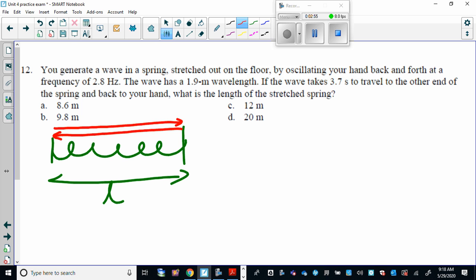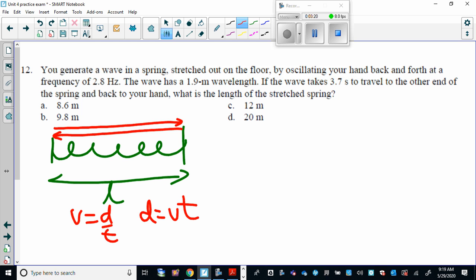So if I'm working on this question backwards, then V equals D over T, I'm looking for D. I'm looking for the distance that it travels. What is the length of the spring? The distance it traveled there and back. And then I'm gonna have to use some common sense to determine how long the spring is actually stretched to.